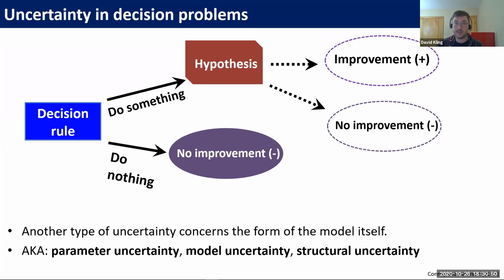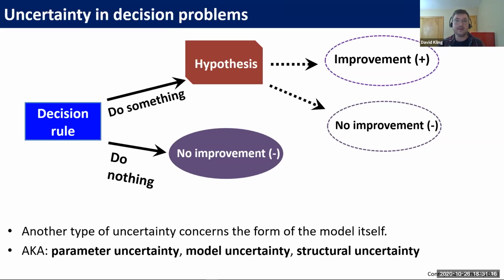In other words, the links between state variables and actions and states and objectives, the source and nature of process error that hits the model. You can't predict the future with certainty, but you know the model that you'll use to predict that future.